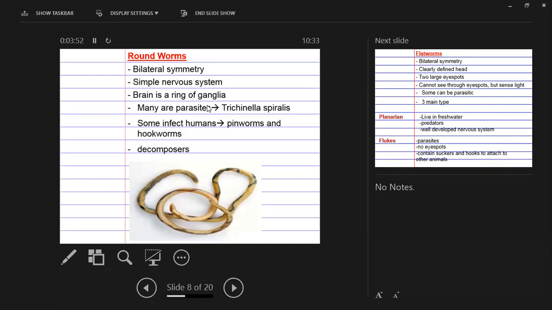The kinds of worms. Roundworms, the first: bilateral symmetry, simple nervous systems. Brain is a ring of ganglia.